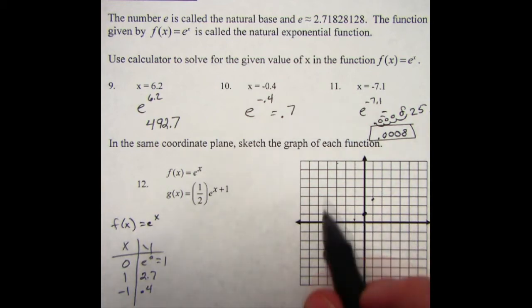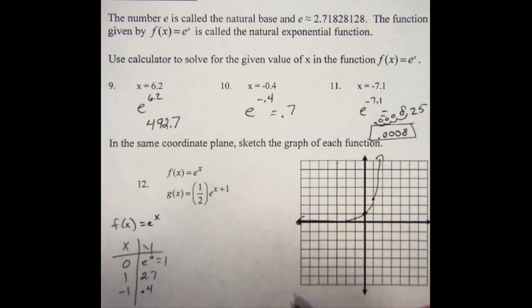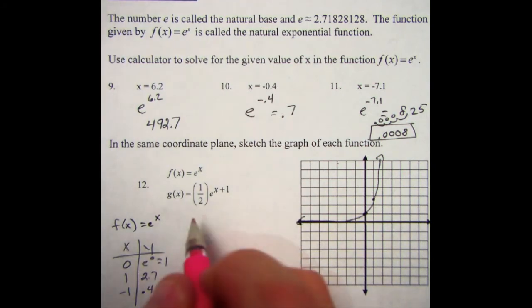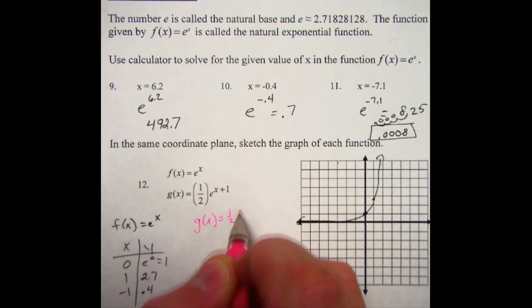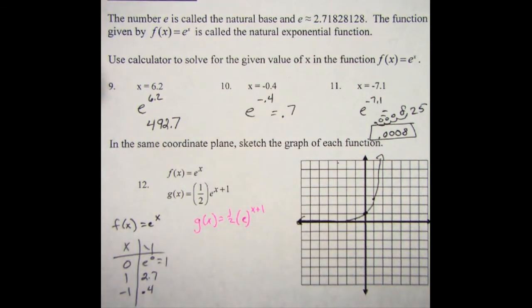Okay, and this is treated very similar to just the exponential because it's the same thing, but just a special number there. I'm going to switch over to my pink pen for the g function. So we have 1/2.